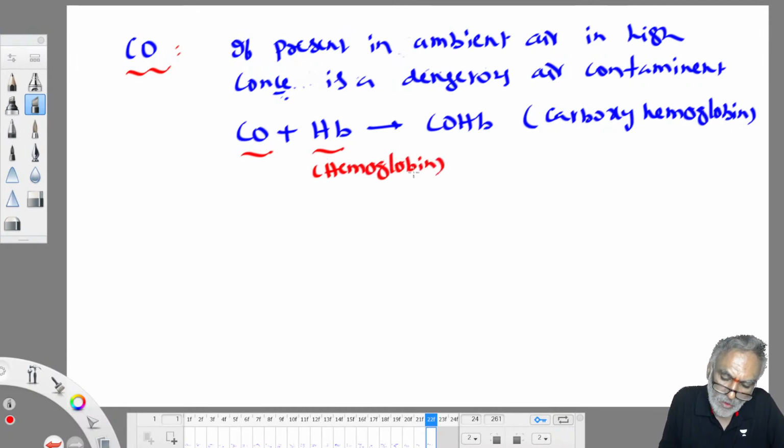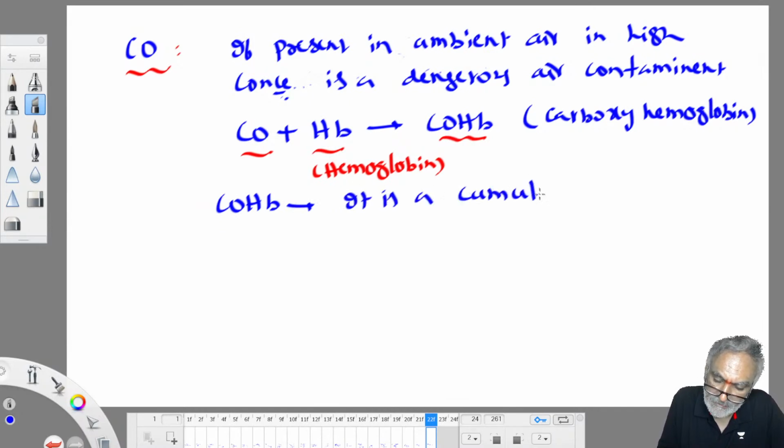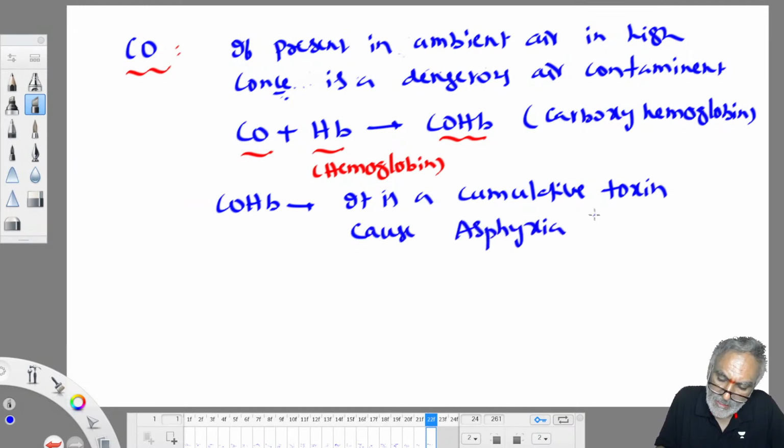Blood is contaminated with carboxyhemoglobin. So carbon monoxide is an asphyxiant, a cumulative toxin, a toxic substance. It causes asphyxia. Asphyxia means breathlessness which leads to death.